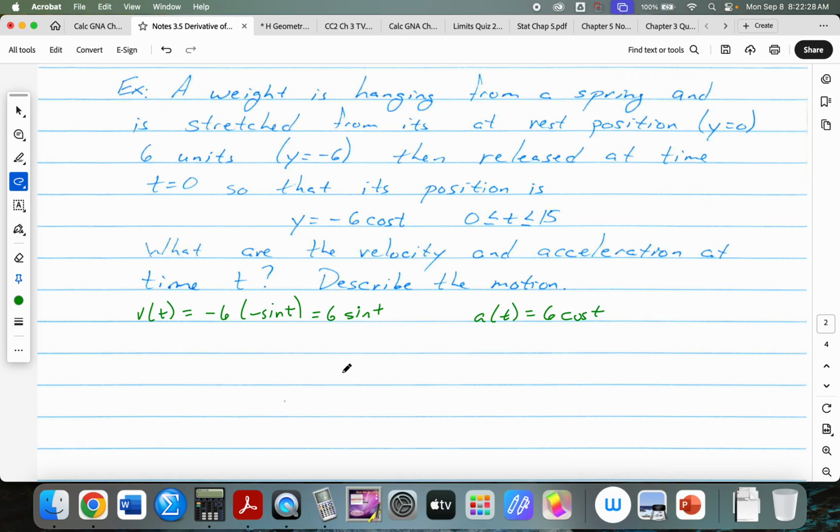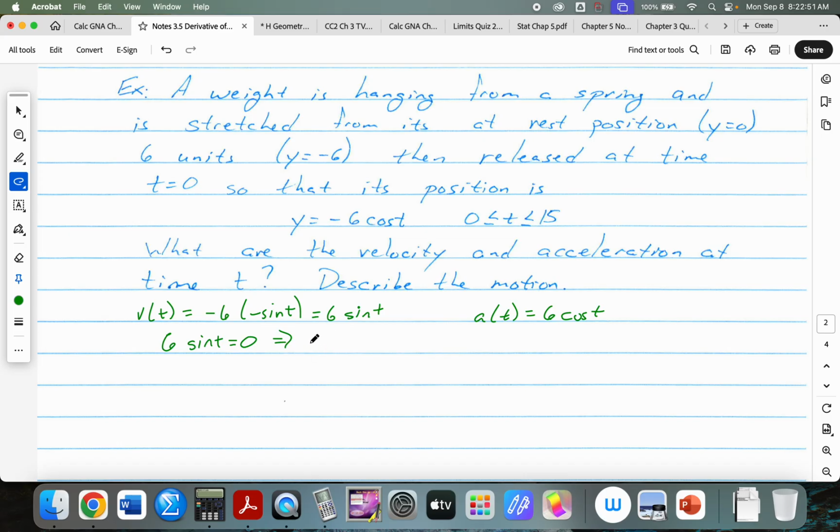All right, so we know that when we release the spring, it's going to be moving upward, but the question is, how long does it move upwards? Well, I'm going to need to find when the velocity is equal to 0. So when is 6 sine of t equal to 0? Well, the 6 has nothing to do with it.